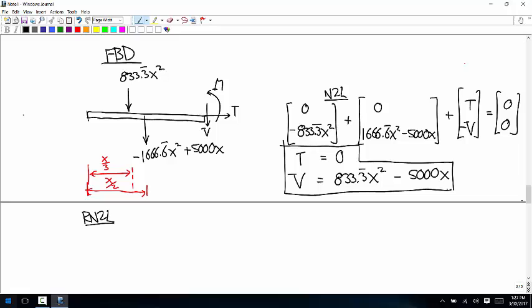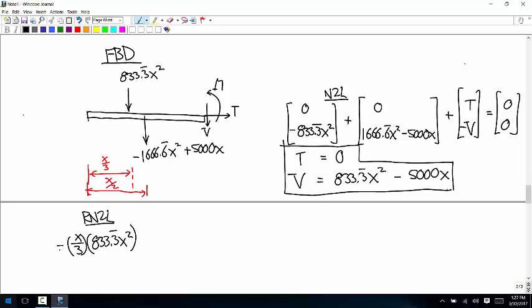So now the moment. We have a moment arm of x over 3 times a force of 833.3 repeating x squared. And is that positive or negative? Negative.